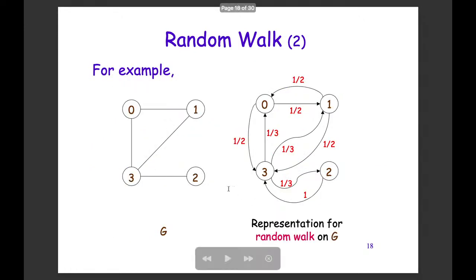So using this, we will see that if the original graph has an odd length cycle, then each vertex, let's say this is the case, there is an odd length cycle in the original graph. Then it automatically implies that the Markov chain here is aperiodic. It is because, first of all, each vertex can go back to itself in two steps.